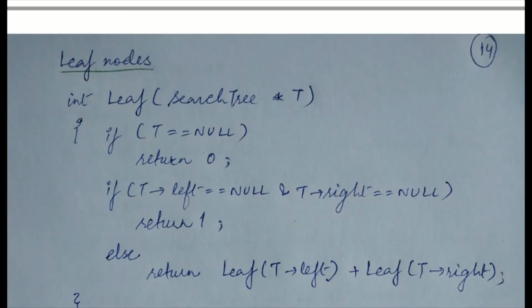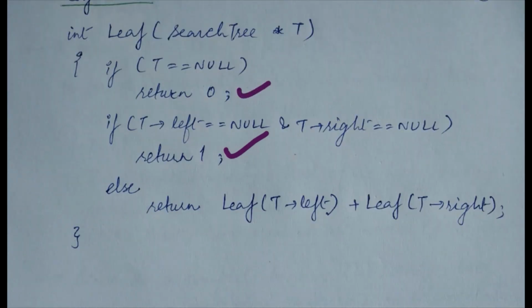Similarly, if you want to find the leaf nodes, if t is null, you return a 0. If there is only one node, which is the root node, so that means the left and the right subtree is going to be 0, then you return 1. Otherwise, you return t2 left plus t2 right. And the value that is returned here, this will be 1 only if the left and the right child of these nodes are null.